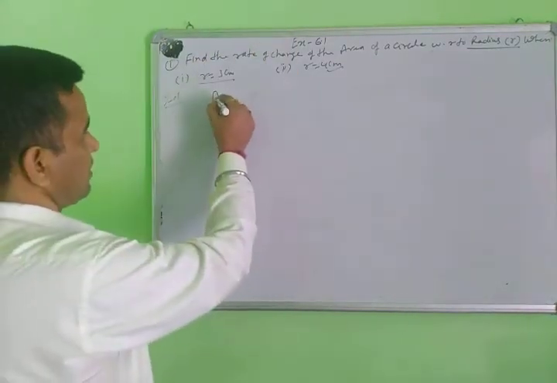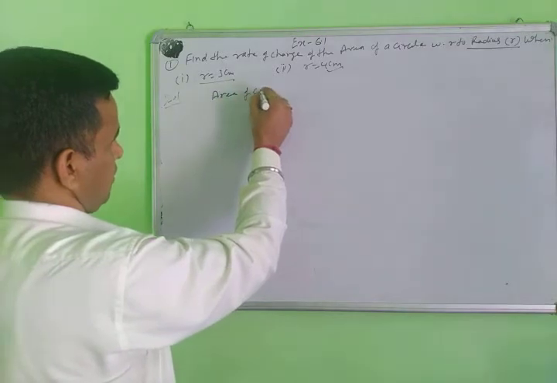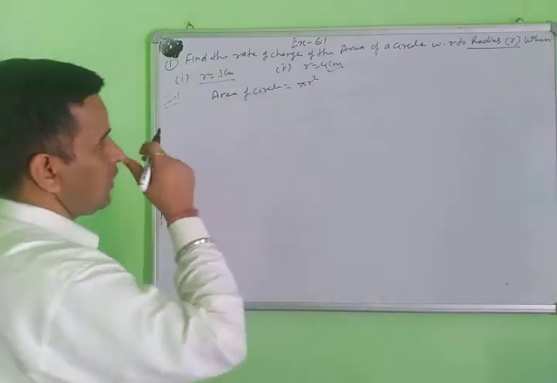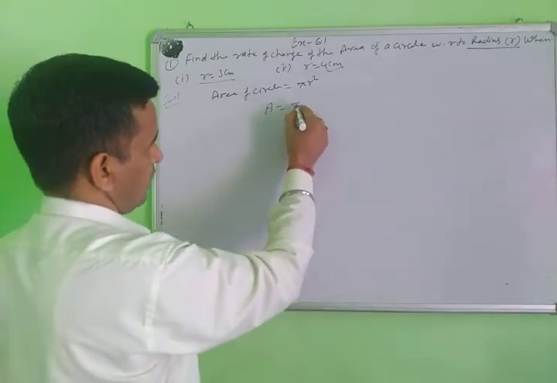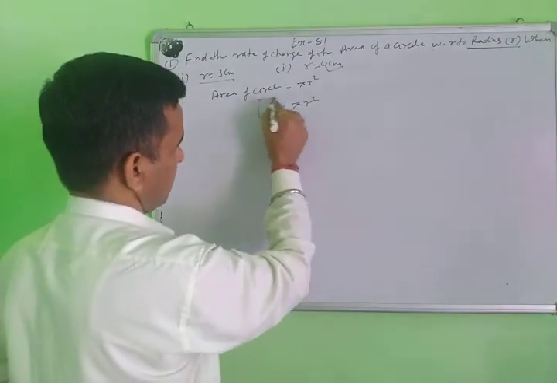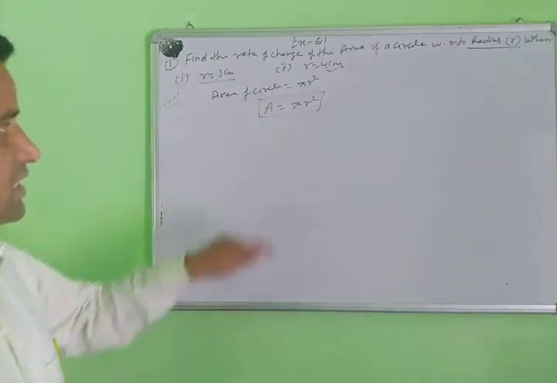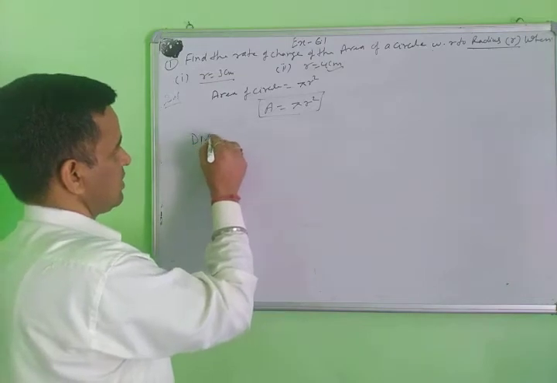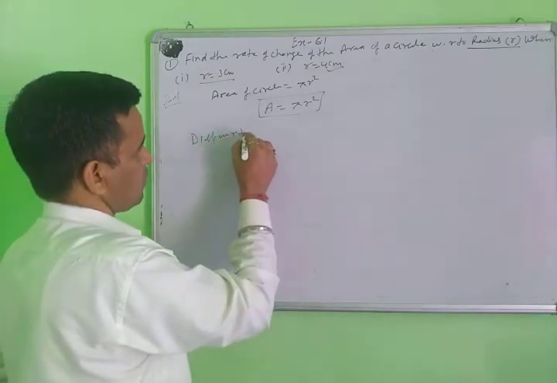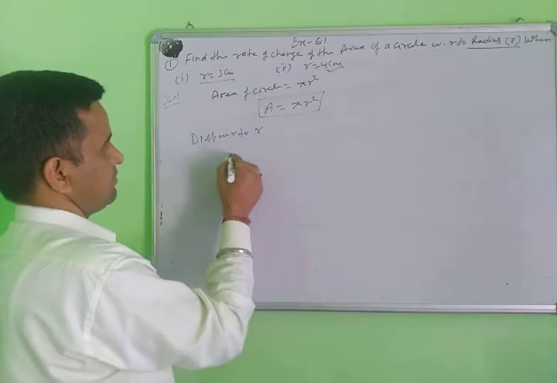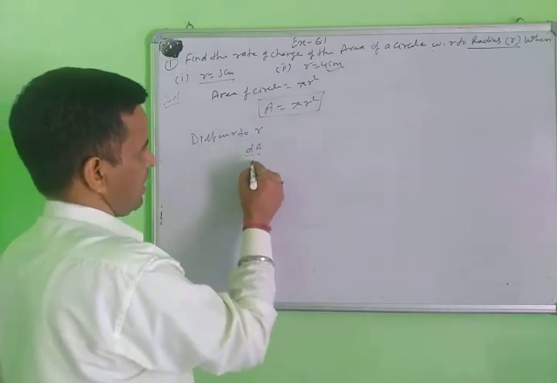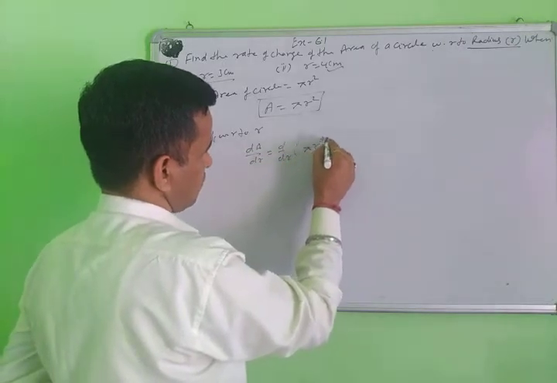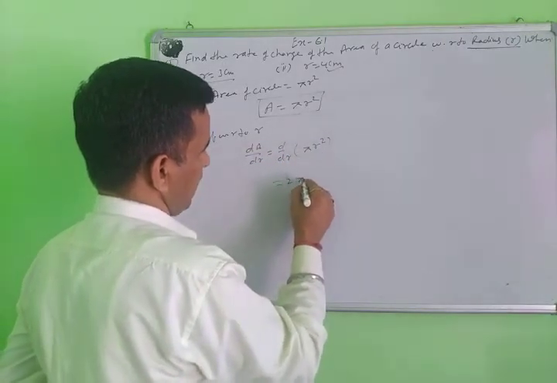The area of the circle is pi r square. Pi is a fixed value and r is the parameter of the area. This area will be differentiated with respect to r, which means dA over dr. Then you will write d over dr of pi r square, which is 2 pi r.